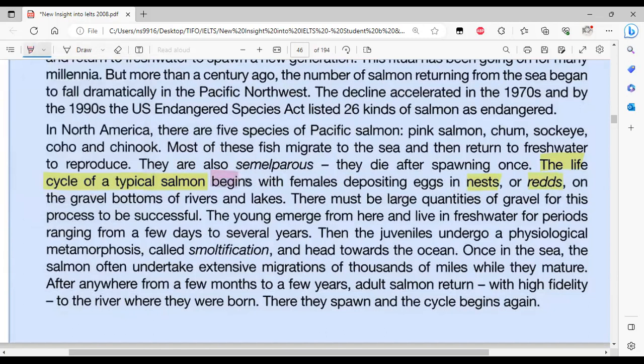Here we don't have the word begin written there, but you should understand that a flow chart has a beginning or a start and an end. And here we found the exact words, females. Where can we find the word lay? Deposit. Okay. No difference between deposit and lay. And the word eggs, it's the same thing. So we have 2 words here. We have females and we have eggs. And we need a place. We have the in. Preposition also same. Very good. Here we have nest or reds.